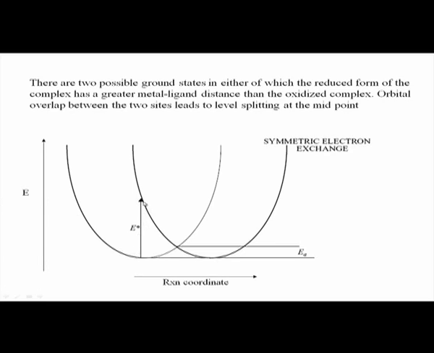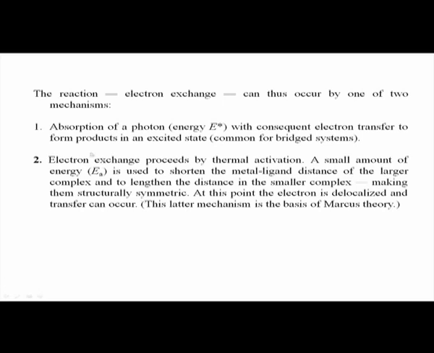Then it will move from this potential energy surface to this potential energy surface. So, this much energy has to be applied for the transition from here to here. So, the electron exchange reaction can thus occur by one of two mechanisms.